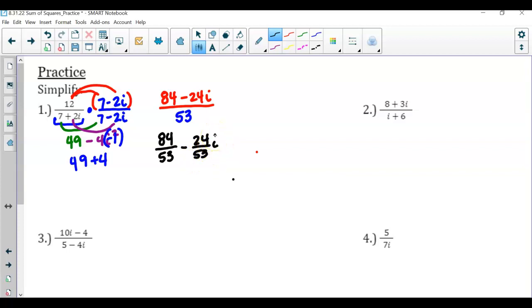Then just to show you if you did the box method, I'll go through and show the box method for this one. So again, you guys can see that. So 7 and positive 2i, 7 and negative 2i. So here you have 49, 14i, negative 14i, and then negative 4i squared.